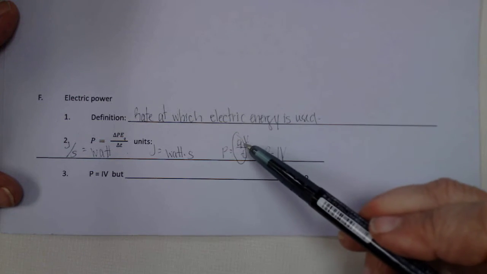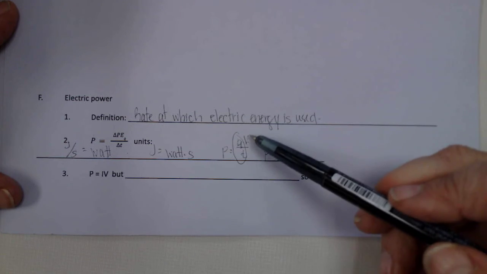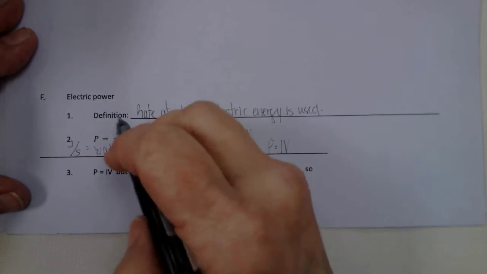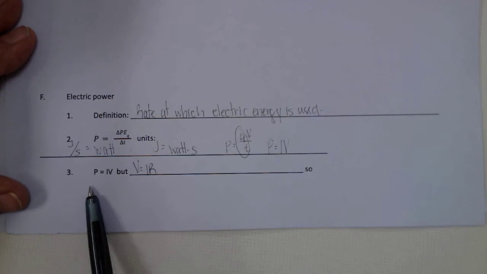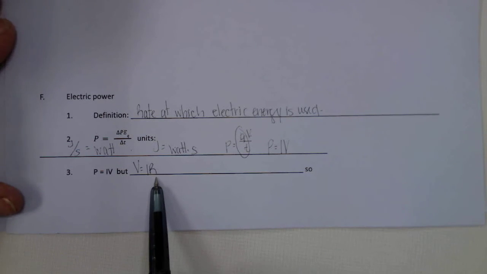P is equal to delta Q V over T, delta Q over T is I, the V remains, so P is equal to IV. But I also know that V is equal to IR. So now I can write P in terms of resistance, because I have a way of putting all of these terms together.